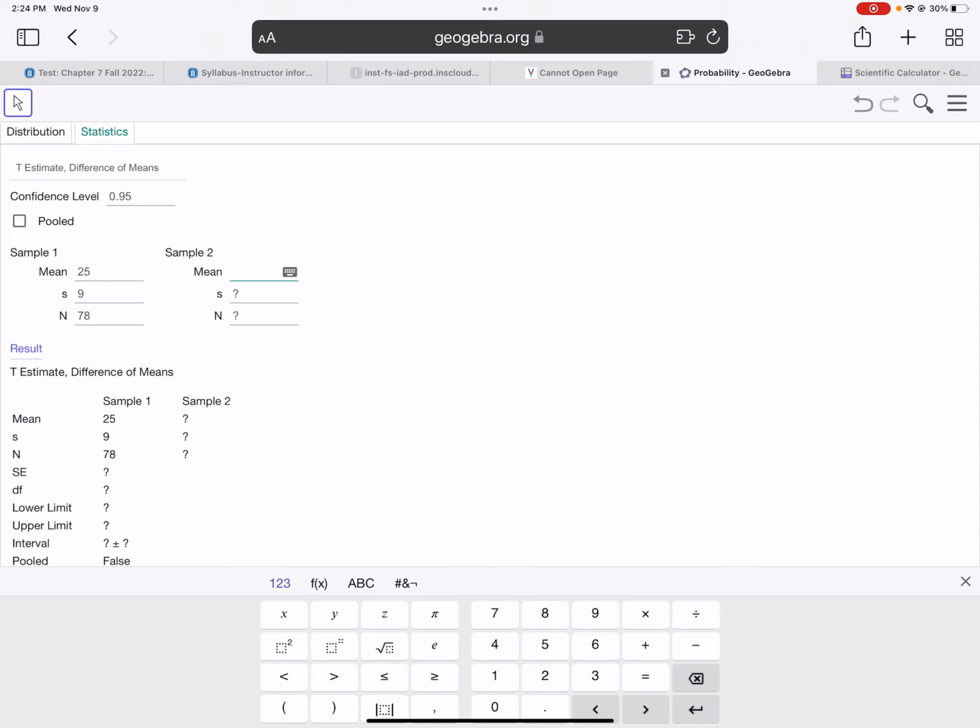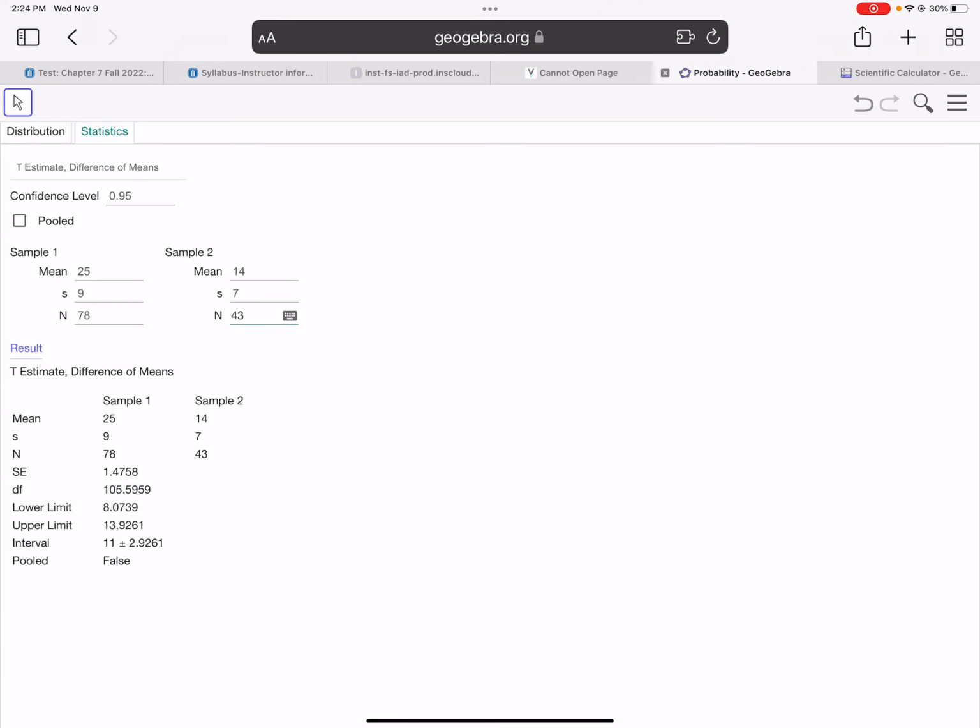The mean here is 14, the s is 7, and the n is 43. Then you get the lower and the upper. The lower is 8.07 and the upper is 13.9.